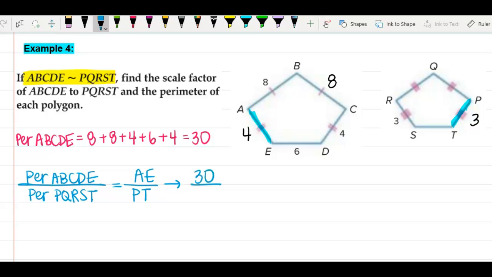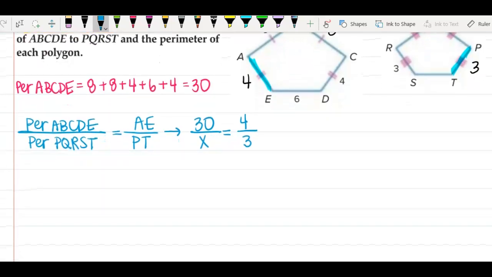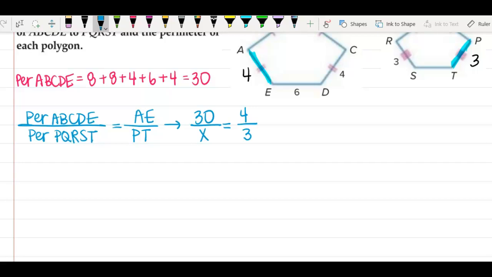We don't know the perimeter of PQRST, but I'm just going to say that's X for now. AE is 4 and PT is 3. Okay, then I'm going to cross multiply. 4 times X equals 3 times 30. 4X equals 90. Divide by 4, divide by 4, X is 22.5.